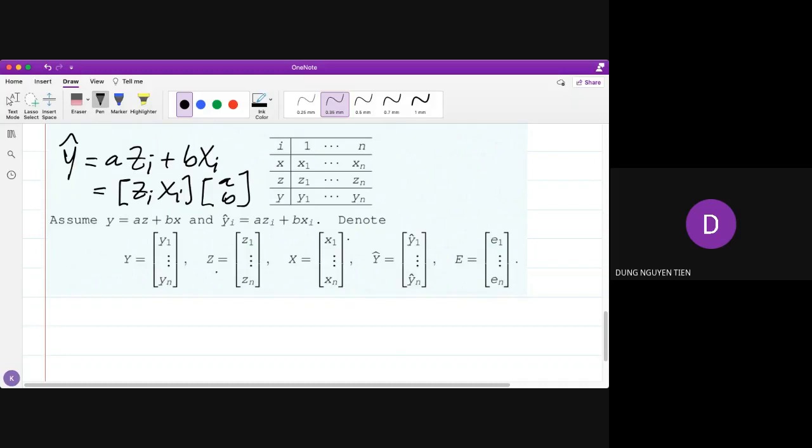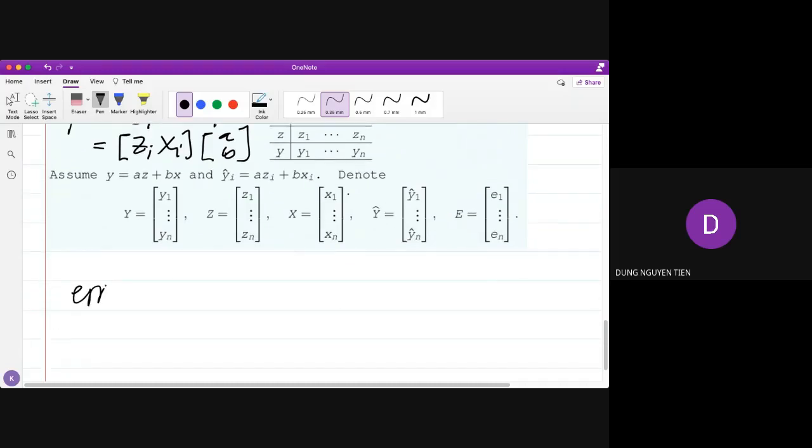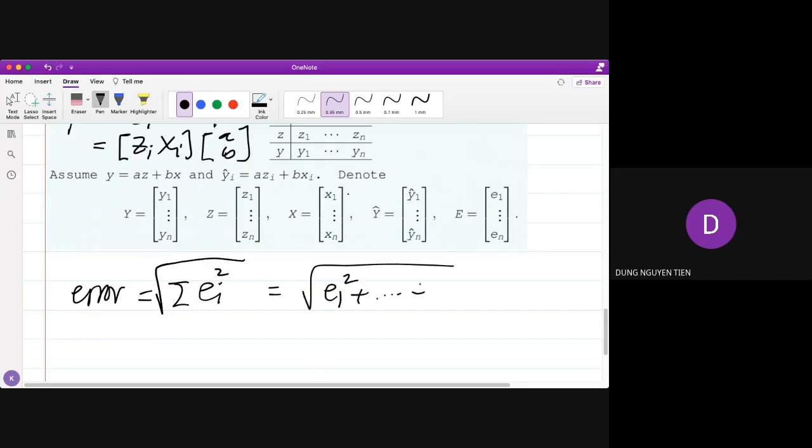Besides, you can see that you get the error, that is the sum of ei squared. If you consider the square root, then you get the square root of e1 squared plus up to en squared, right?